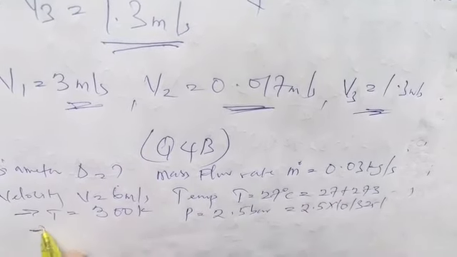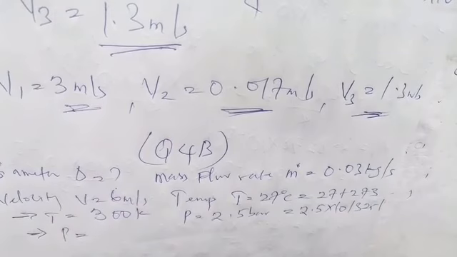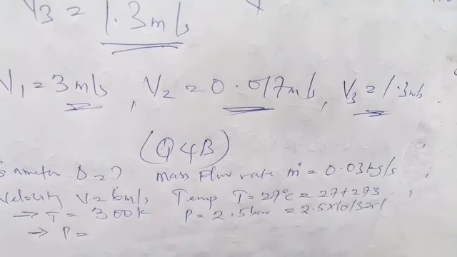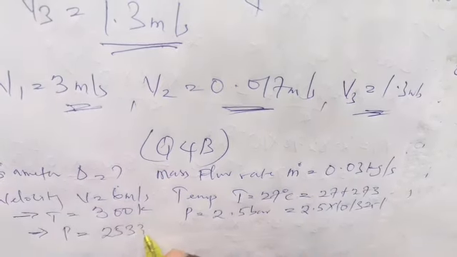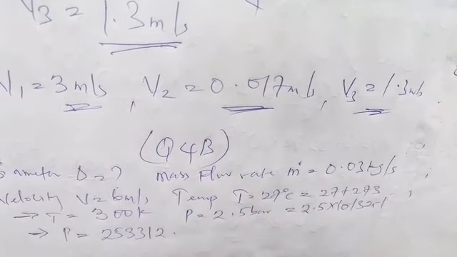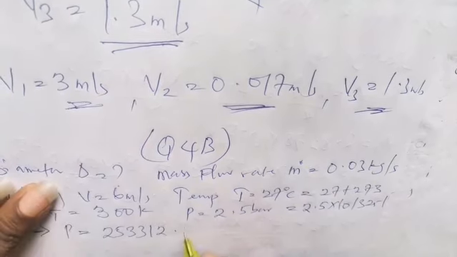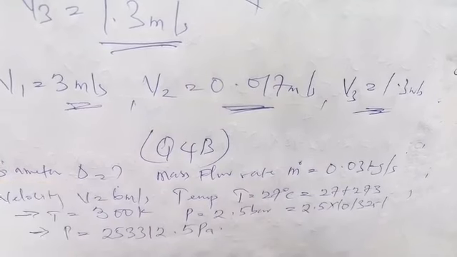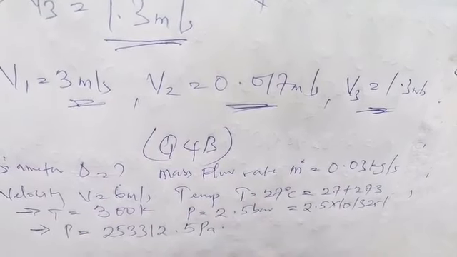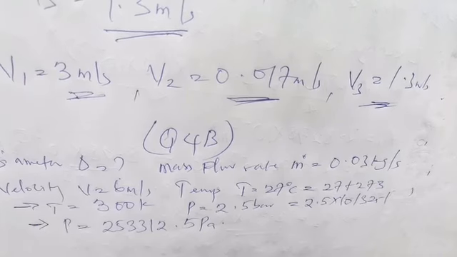So this implies that pressure is equal to 2.5 multiplied by 101325 Pascal, so we have the pressure to be 253312.5 Pascal. So this becomes the value of the pressure in Pascal.